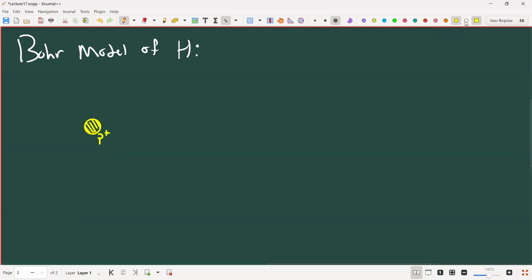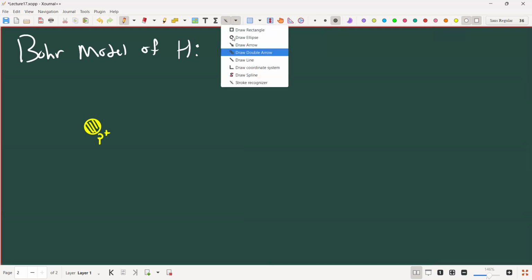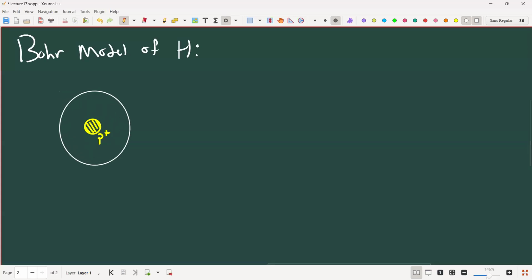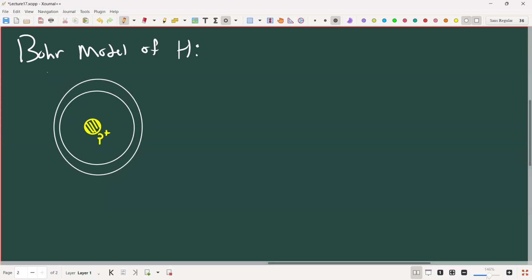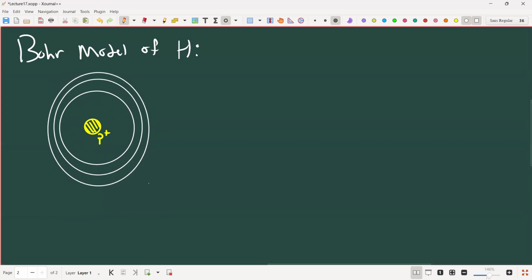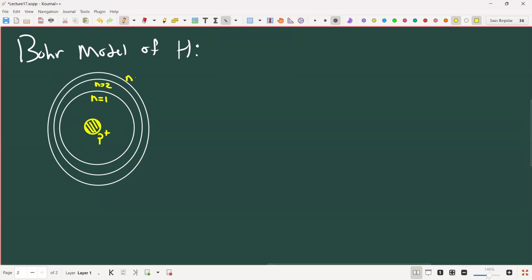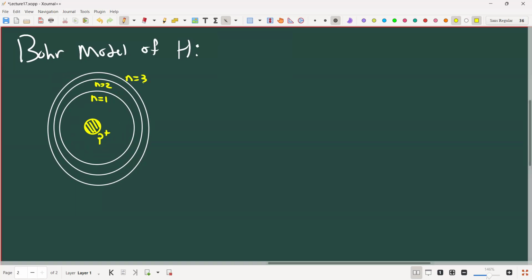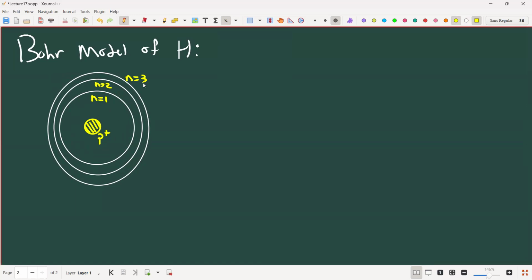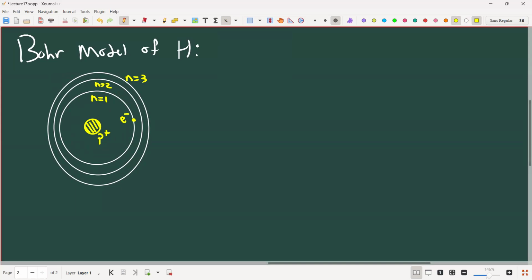this proton in the center, and the electron exists in stable orbits around the proton. So he labels these. There are different orbits of different sizes. He calls them n equals 1, n equals 2, n equals 3, and so on and so forth. Of course, what he's saying is that the electron is in one of these. So this is one of the electron states.